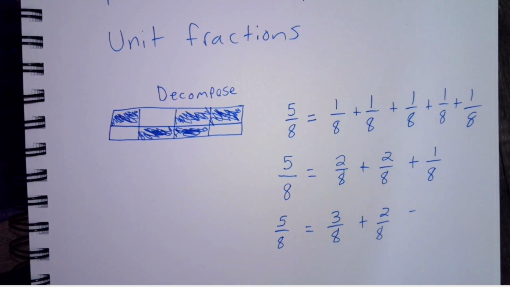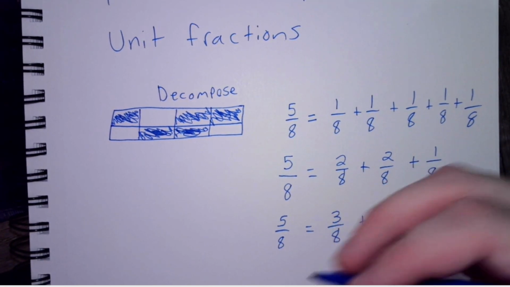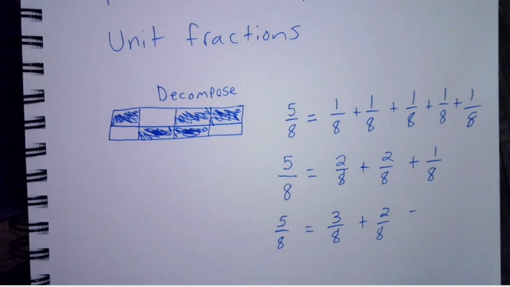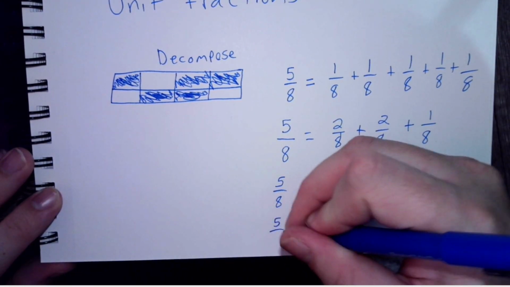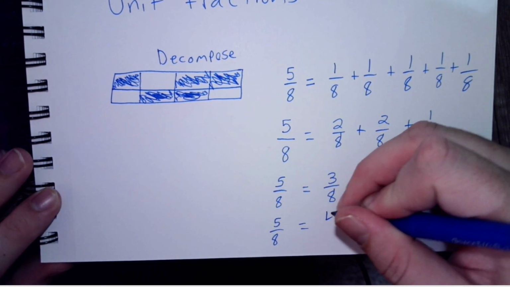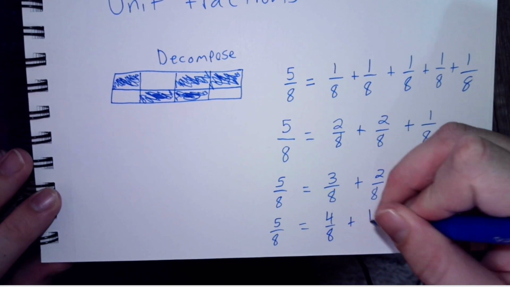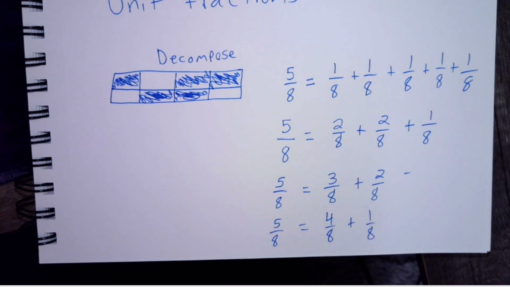So again, there's another way. And we could even go a little bit further and say 5/8 is equal to 4/8 plus 1/8. So there's all kinds of different ways that we can decompose or compose fractions.